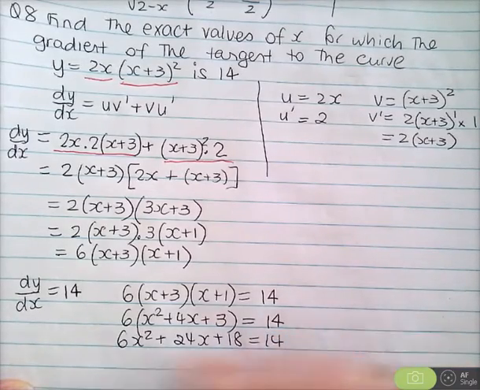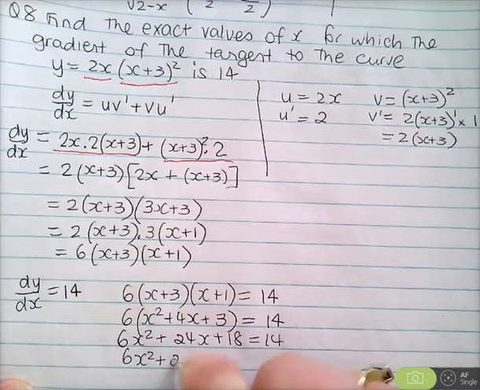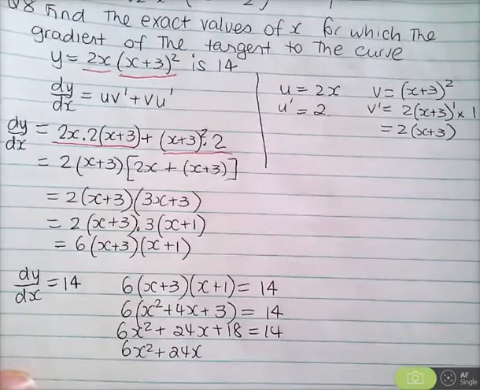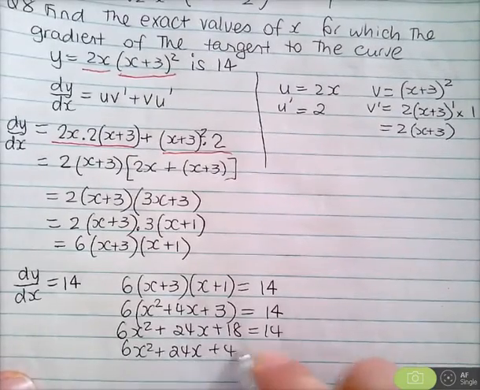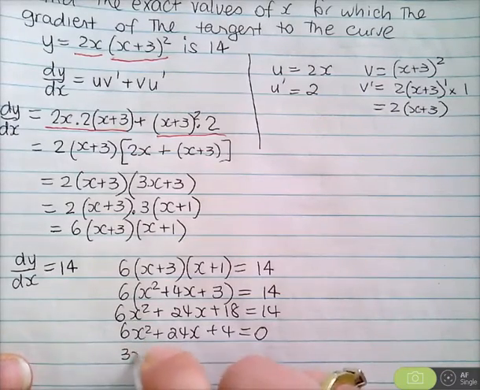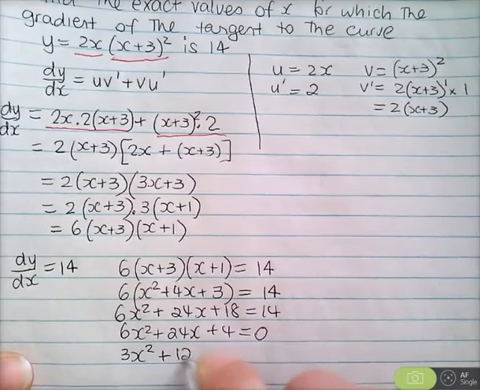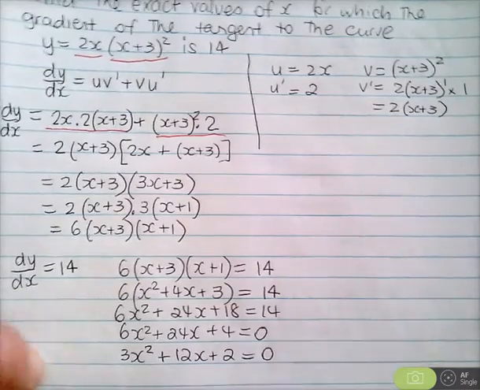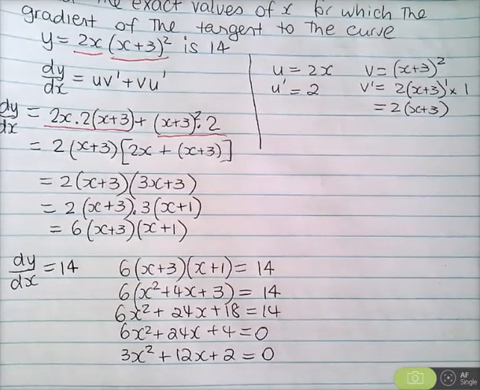Now I'll go 6x squared plus 24x plus 4. Wait, before we go, are they all even? 6, 24 and 4. Divide them all by 2. 3x squared plus 12x plus 2 is 0. So you're dividing everything by 2. The reason we're doing that is to make the factorization easier.